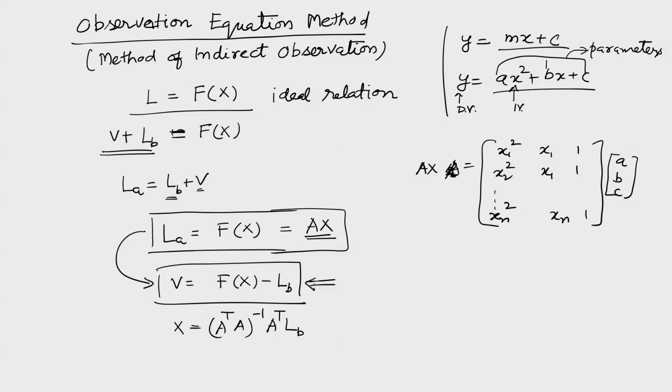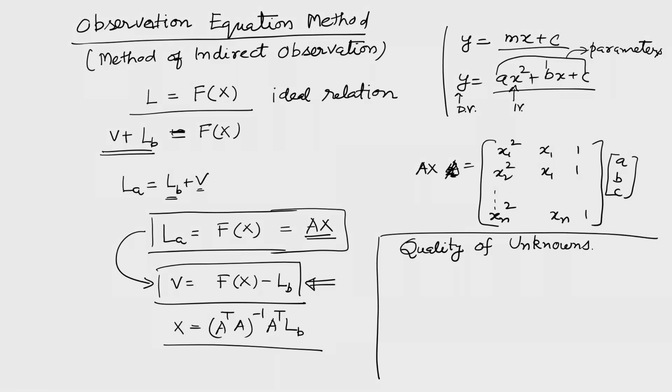So I need to reduce it to this form. The moment I bring it to this form, I can write the solution of the unknowns straight away. Okay, what about the quality of the unknowns? Remember, we use error propagation in order to find the quality of any variable. Sigma xx, okay, I am not deriving it here. I can straight away write the solution, and that is given as (At A) inverse.